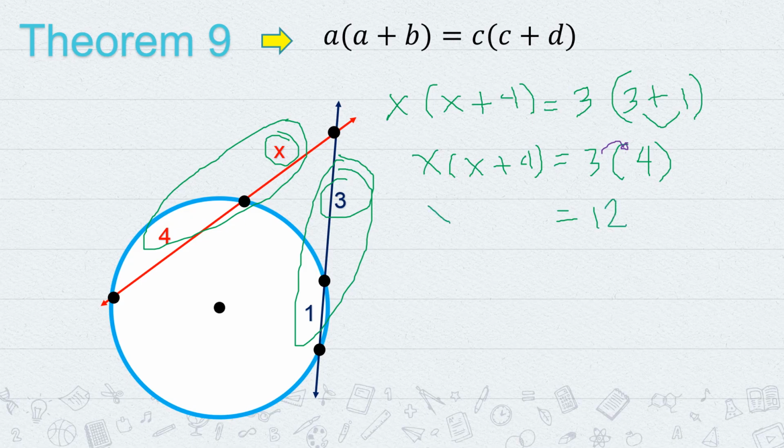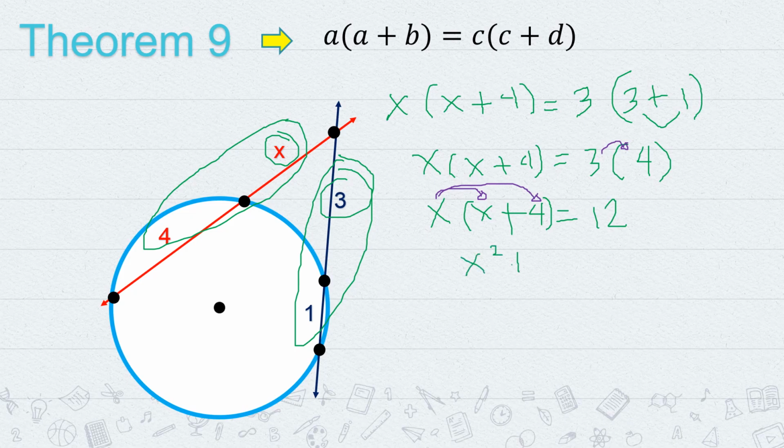For the left side, we still copy it, x times x plus 4. In this case, we cannot divide both sides by x. So what we can do is use the distributive property. We don't have any choice but to use the distributive property, making our equation transform into x squared plus 4x.